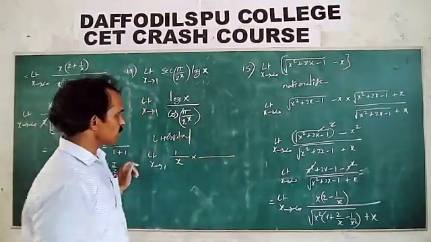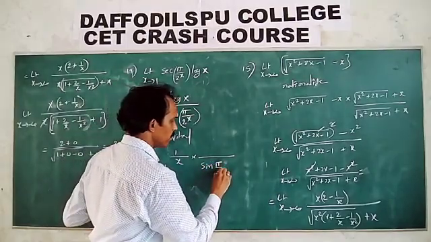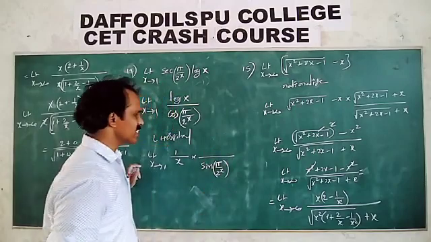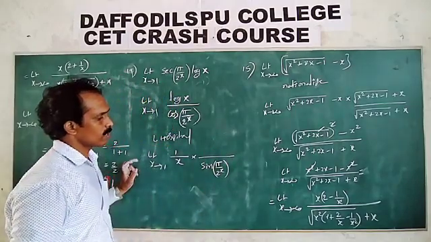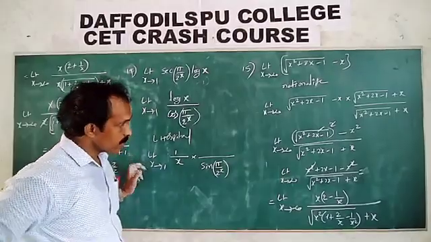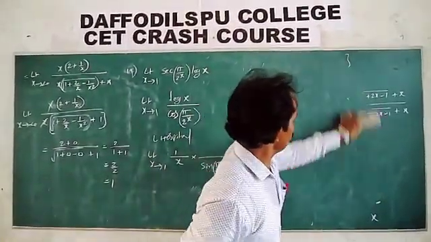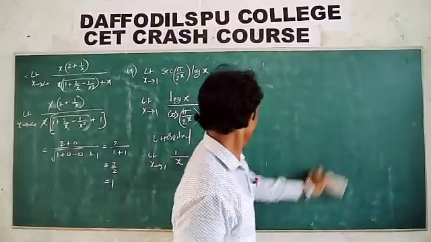Cos derivative is minus sine of pi by 2 power x, and pi by 2 power x derivative.